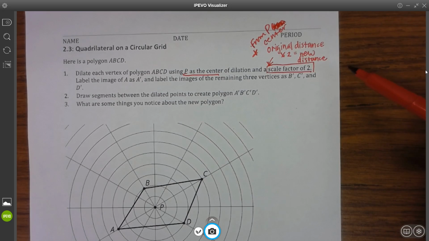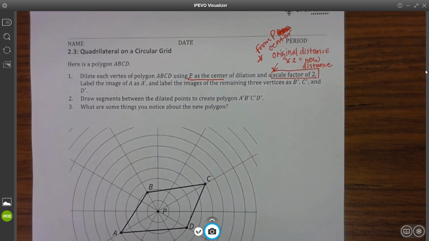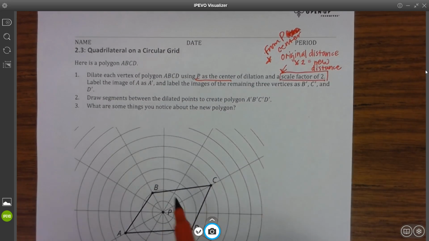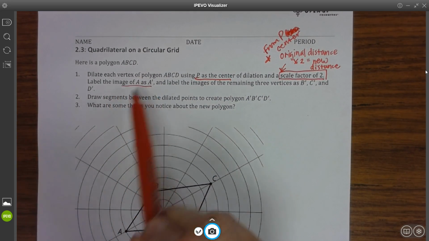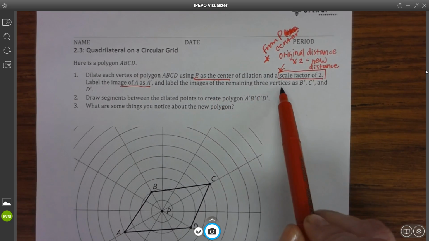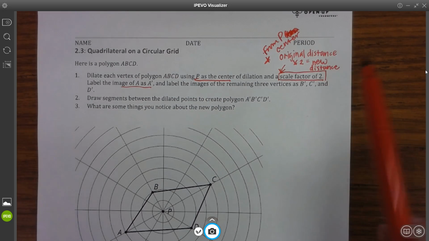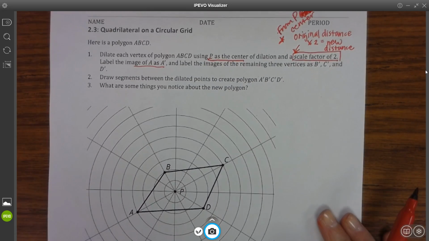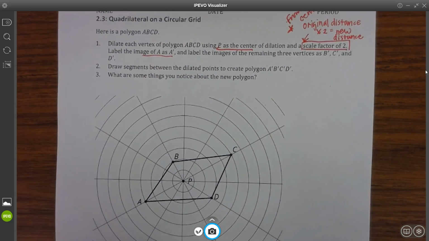Okay, so when I talk distance, I mean from the center. So we're going to label the image of A as A prime, and then label the images of the remaining 3 vertices B prime, C prime, and D prime. So we're going to do this together. Remember, our scale factor is 2.